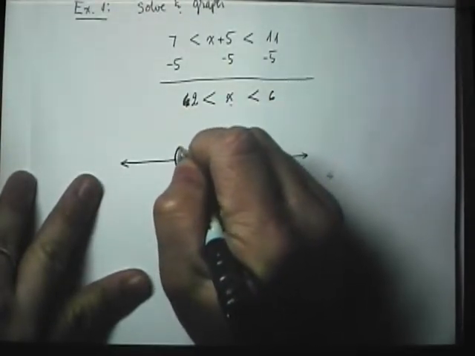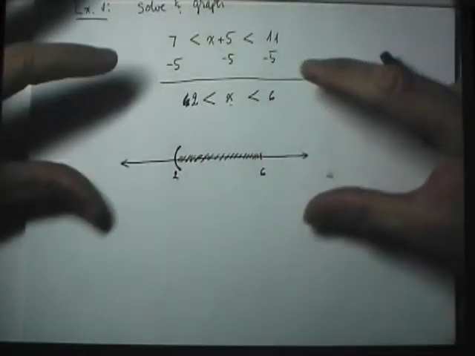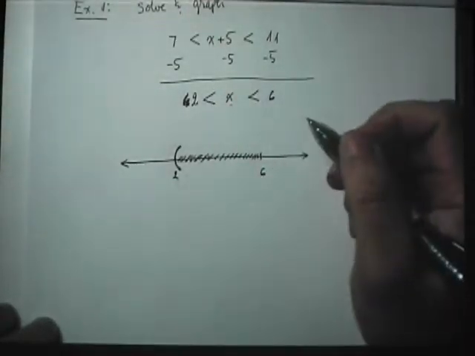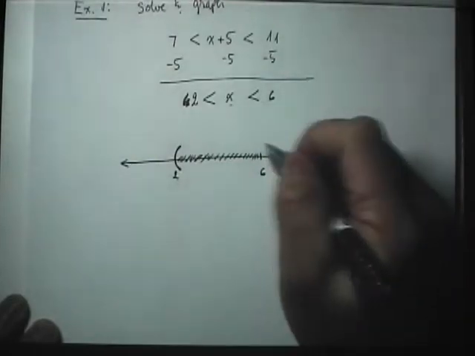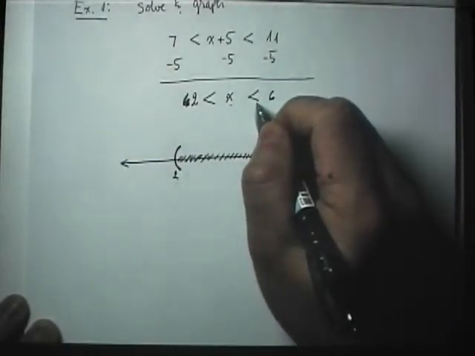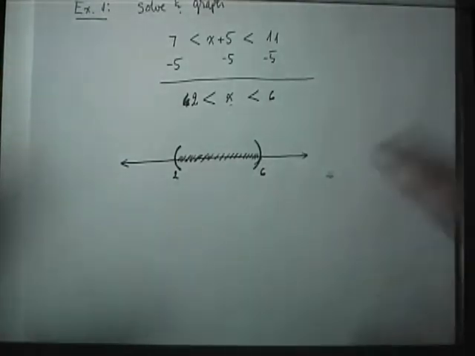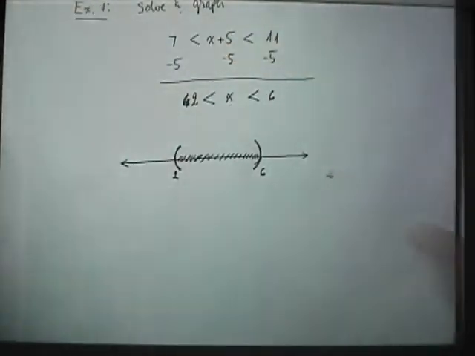My parentheses always close toward the shaded area, indicating the concept of inclusion. On the side of 6, once again the inequality is without the equal sign, so I'm going to use parentheses on 6 again. Parentheses or brackets, it doesn't matter, they always point toward the shaded area.